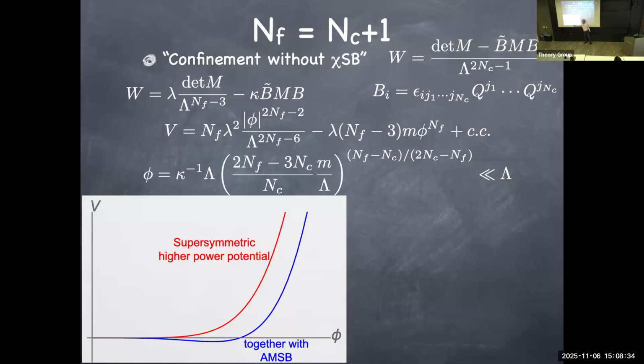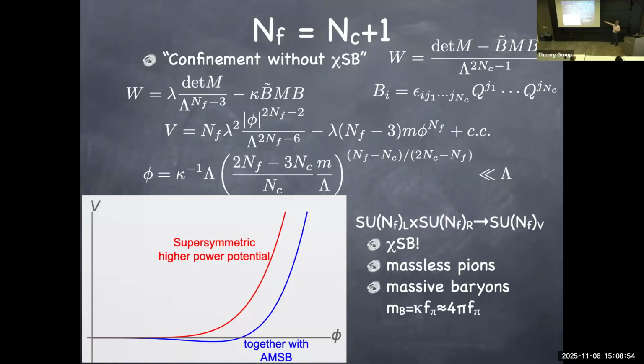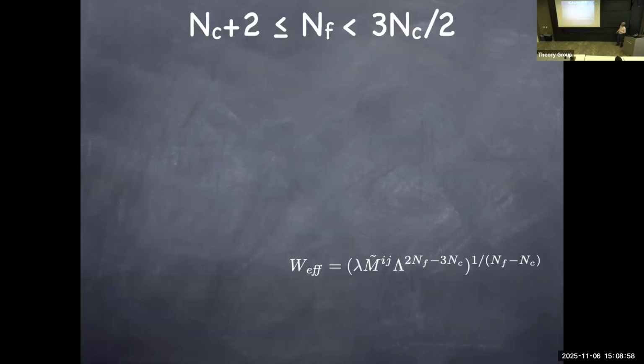In this case, the meson composite is expected to behave with the canonical Kahler potential, because we know the meson is the degree of freedom that matches to the anomaly and therefore can be interpreted as the dynamical fields. So as long as you are well below the dynamical scale, we can treat the meson to be canonical, and then you can minimize the potential and go through the kind of phenomenology I talked about earlier.